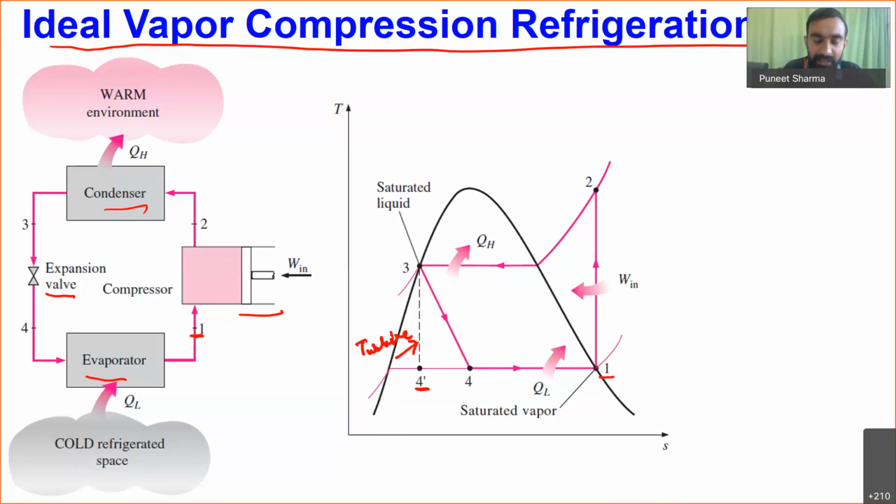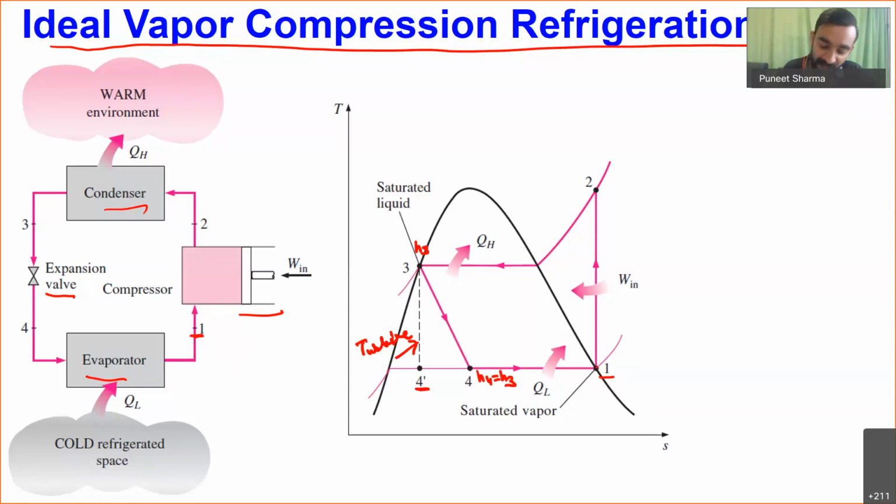In the throttling device we have generation of entropy, and enthalpy remains constant. So whatever the enthalpy at point 3, the same will be the enthalpy at point number 4. So I can write H4 equal to H3, but we have some entropy generation from point 3 to 4.